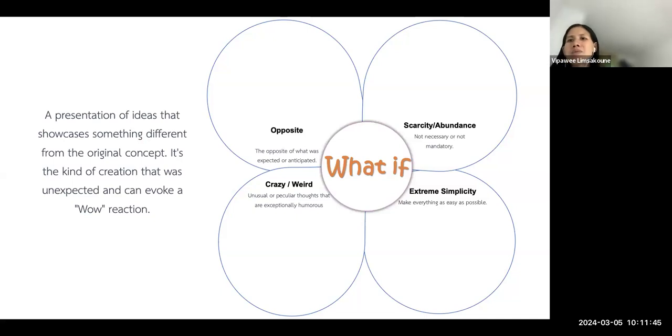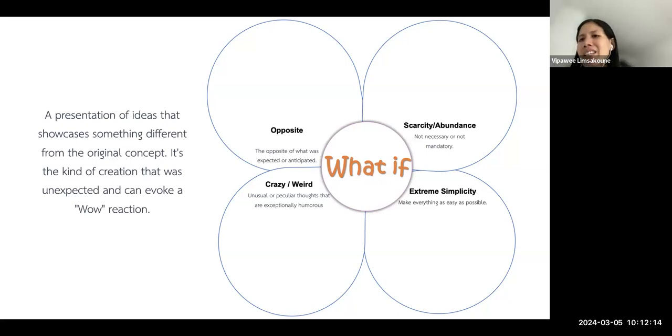How about the opposite of what was expected or anticipated? What could be the idea? Scarcity, abundance, not necessary or not mandatory. Abundance is like plentiful, or we could make it more available.